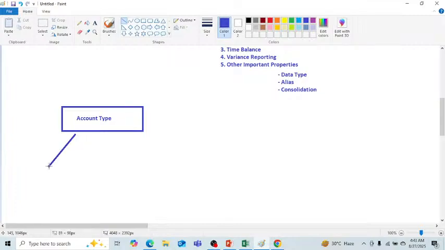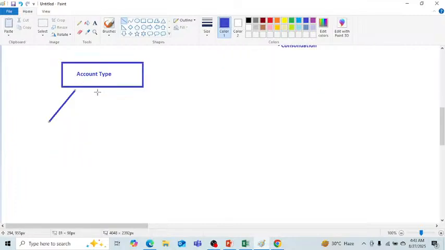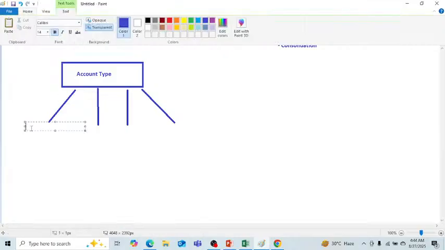Under this we have the main types. First we have expenses.